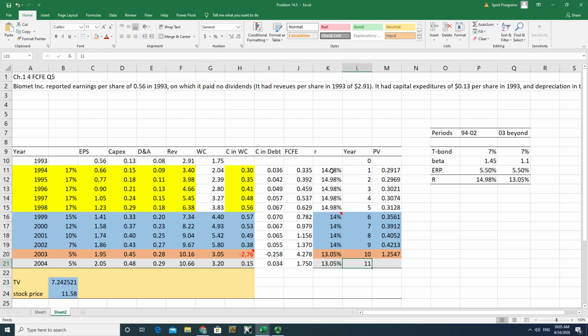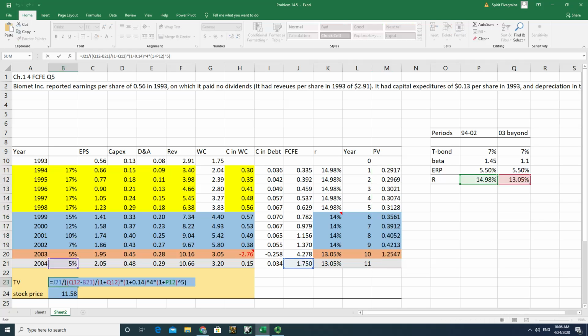Right. So once I got this free cash flow to equity right, as well as the cost of equity number right, then I can do the calculation of present value. Present value is discounted free cash flow to the equity, right? And with the power of the number of years, and so on and so forth. So I get 10 years of free cash flow to equity as well as present value, and then I calculate terminal value using year 2004 as the beginning year.